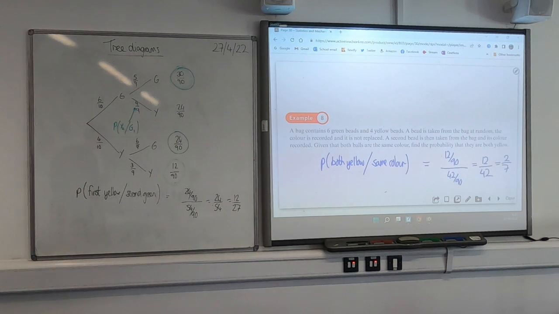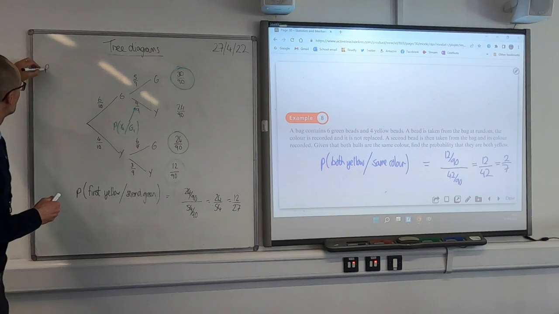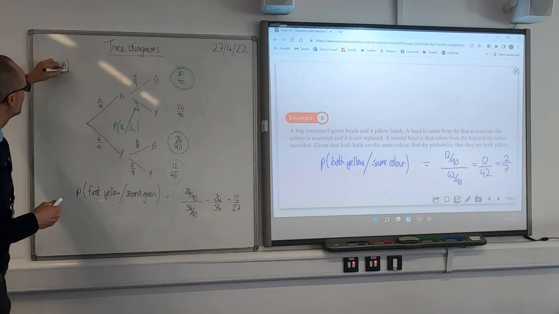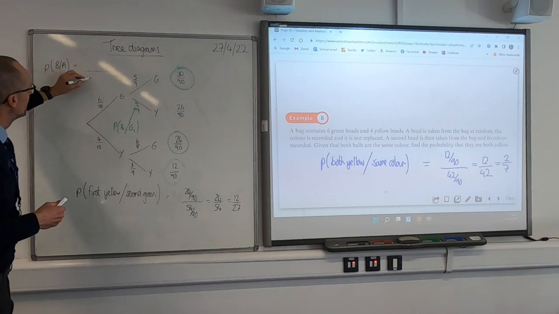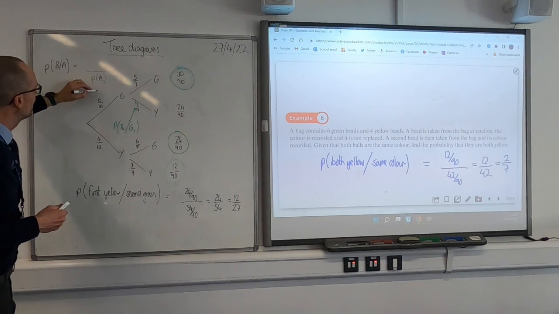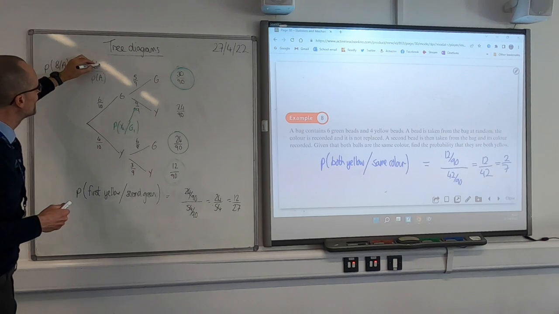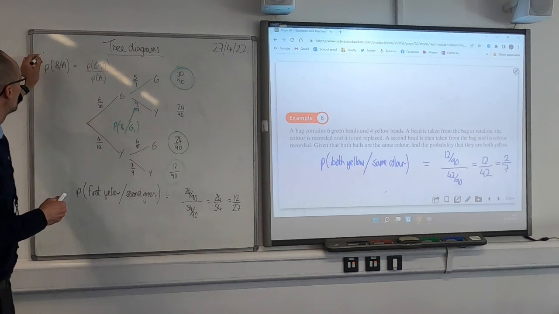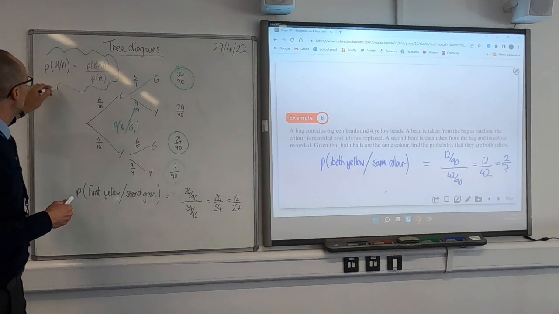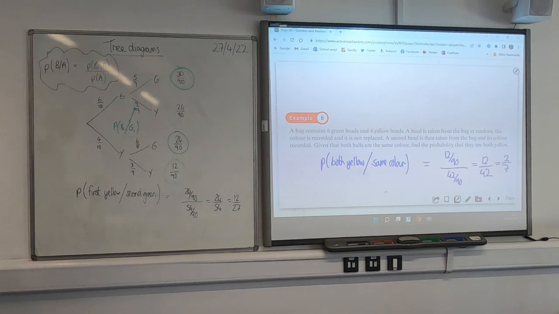Now we could do this using that formula. Do you remember the formula? We said, right, the probability of B given A is the probability of A goes on the bottom and the probability of B intersection A goes on the top. So we could have sort of used the formula. That's all we're doing. That formula is the formal statement of what we're saying here.